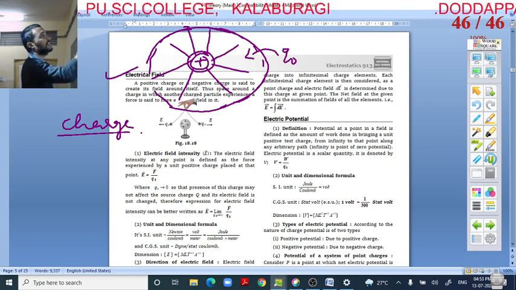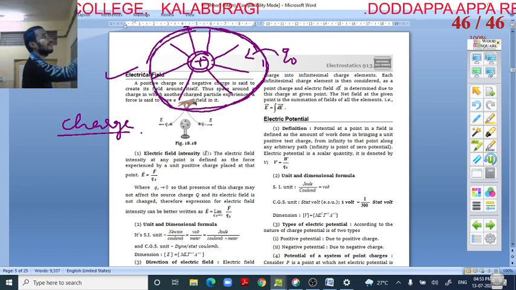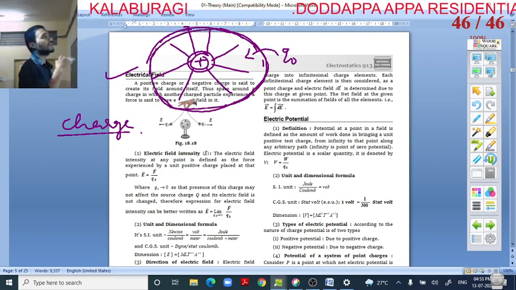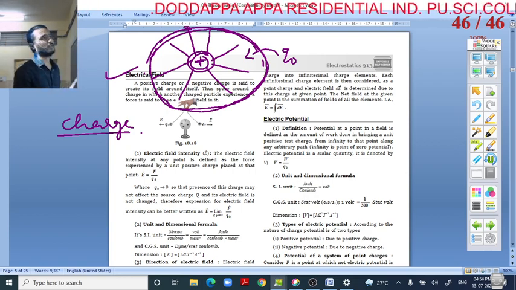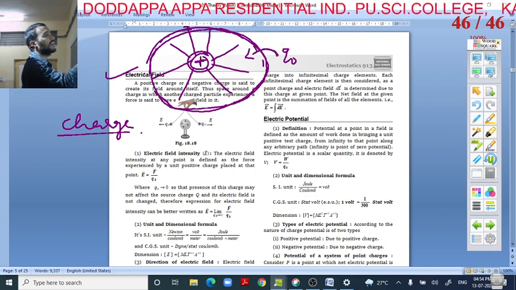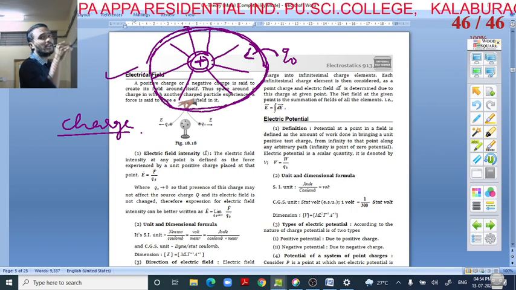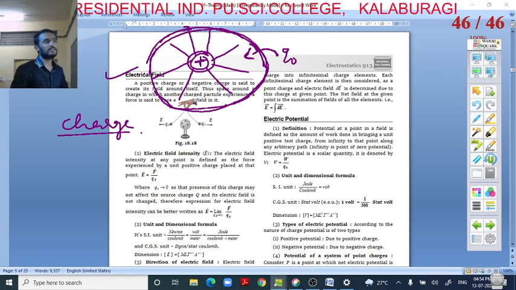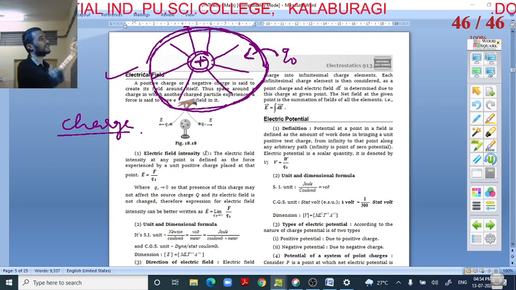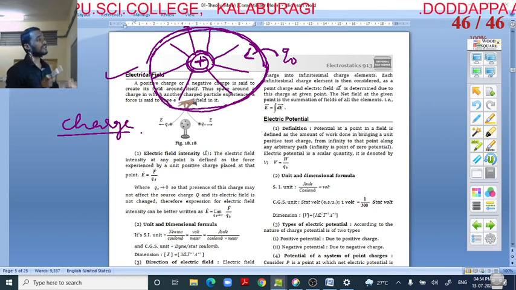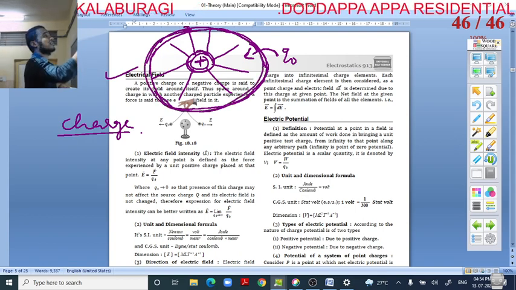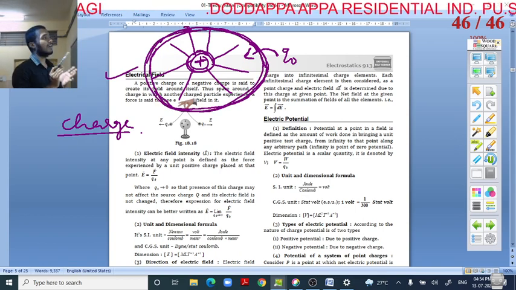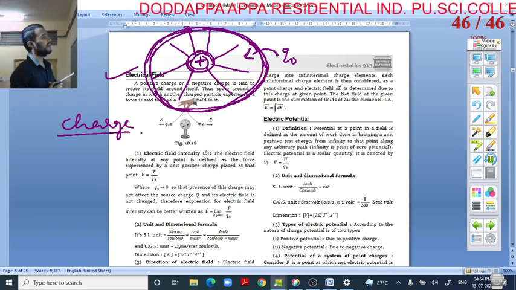That means this is the maximum region or space in which this charge can exert force. So if any new charge enters this region, that charge will experience force due to this charge. That is what we call an electric field. This region, space or area, I will call an electric field.